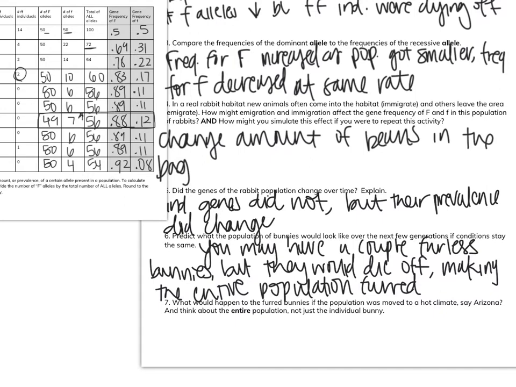So if we're thinking about the entire population, not just the individual bunny, because yeah, an individual furred bunny could lose some of its fur, but it's probably going to end up dying. So the furred bunnies are going to die off this time, and the furless bunnies are going to survive and reproduce.